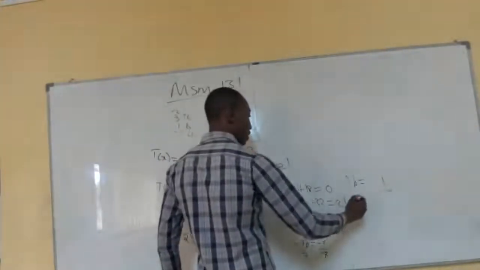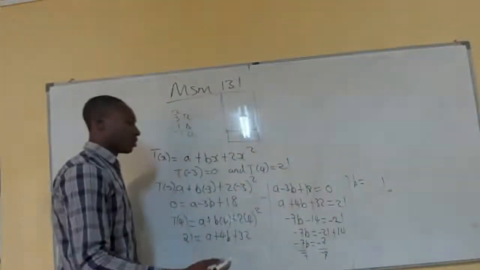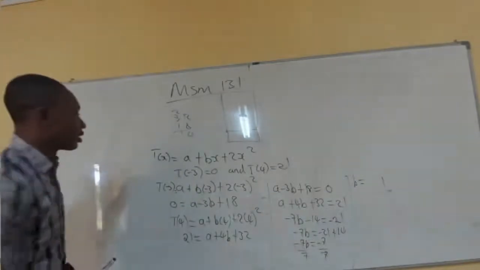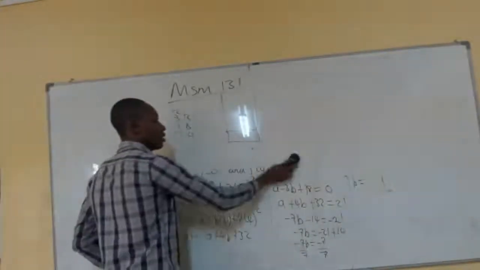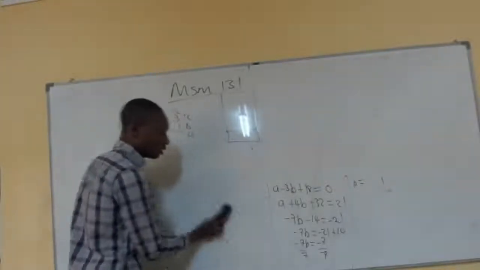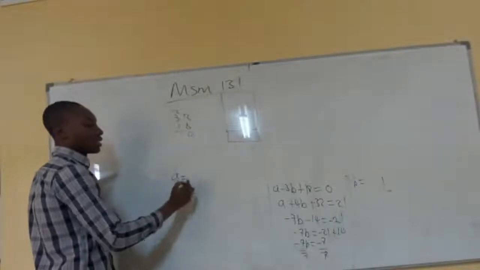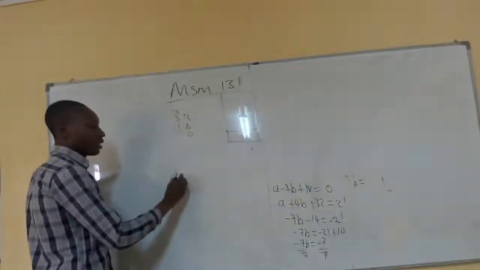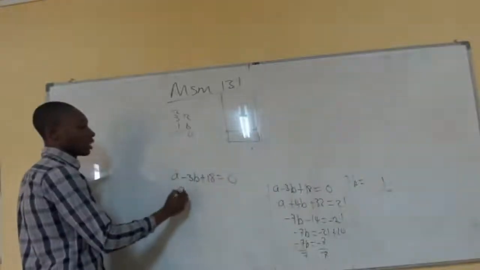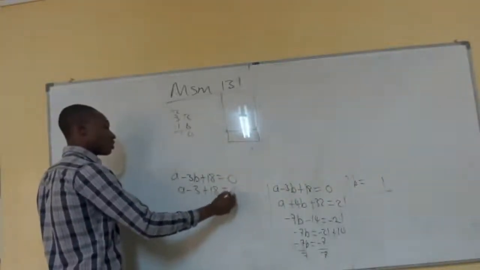From equation 1, or even from equation 2, whichever we want to use: A minus 3B plus 18 is equal to 0. A minus 3 plus 18 is equal to 0.